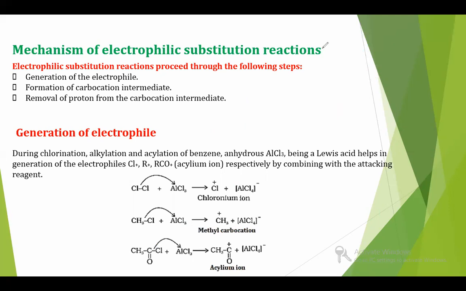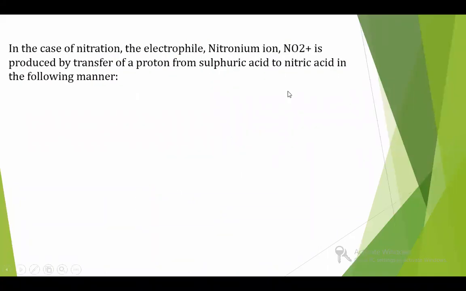Next, after the generation of electrophile, specifically in the case of nitration, the electrophile is the nitronium ion, NO2 plus. It is produced by the transfer of a proton from sulfuric acid to the nitric acid. So that is the generation of electrophile in HNO3 and H2SO4.